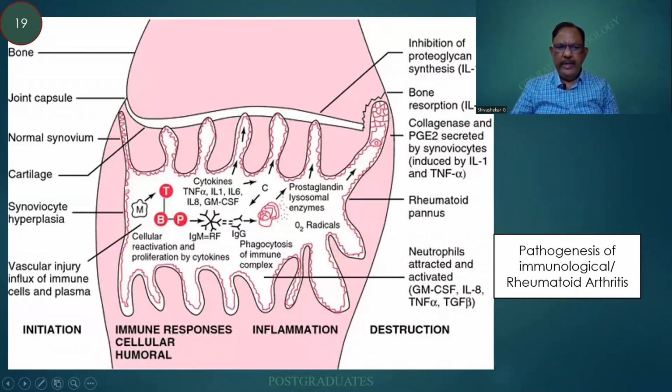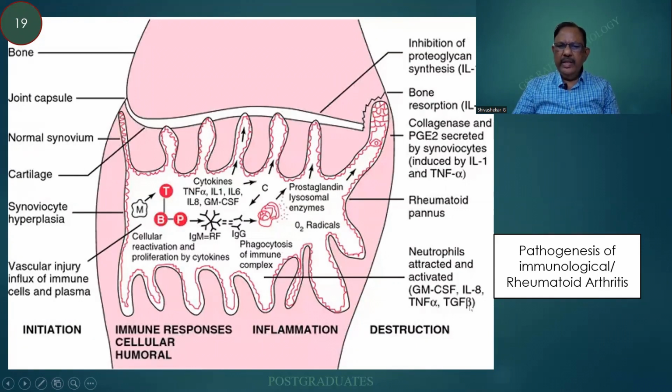There is a hyperplasia of the synovium and it grows over the cartilage over here. There is also a vascular release of the various mediators, including the prostaglandin. There is a decrease in the proteoglycan, resorption of bone is there, and enzymes such as collagenase cause a degeneration, leading to the formation of the rheumatoid pannus.